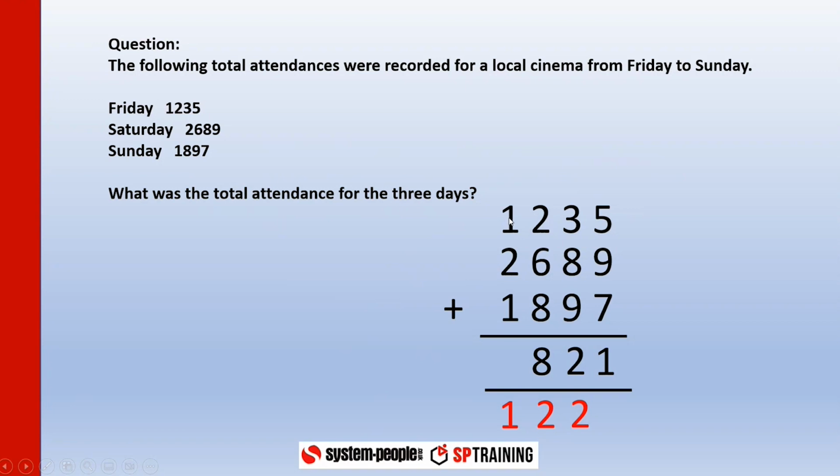And then I can add up the 1 and 2, that's 3, 1 more, that's 4, and make sure I include this number I've carried over, so I'll end up with 5 in this column. So the answer to the question, the total attendance for the 3 days was 5,821.